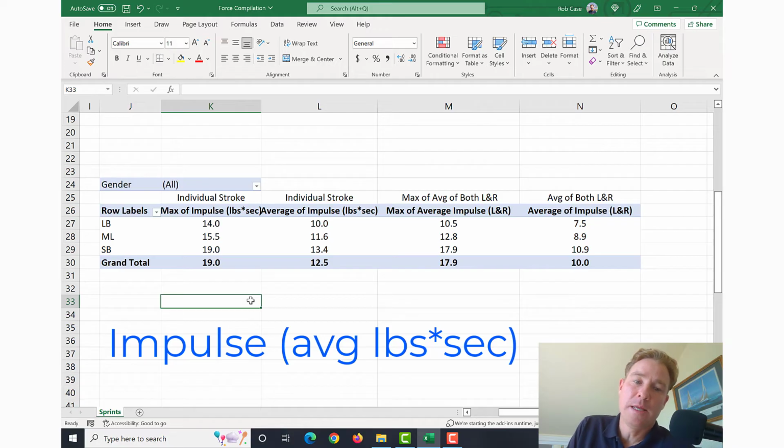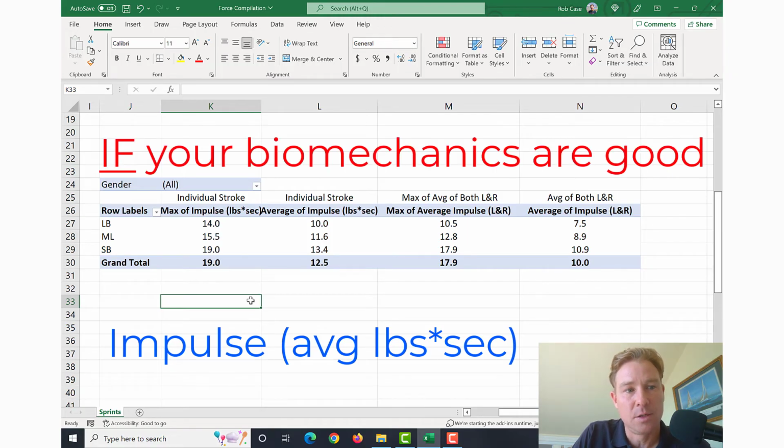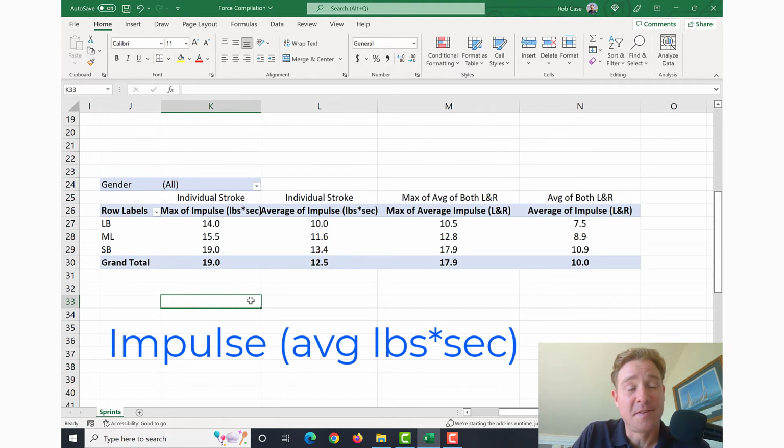So what impulse really does, in my mind, is if your biomechanics are good, impulse is a fantastic metric to measure the effectiveness of your stroke, whether you're getting better or worse.